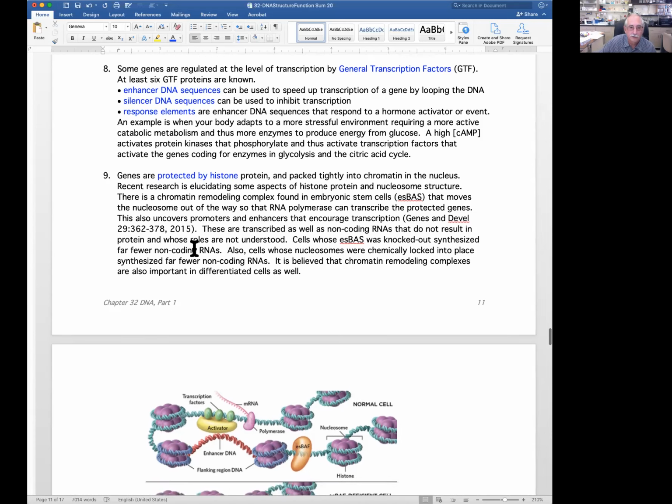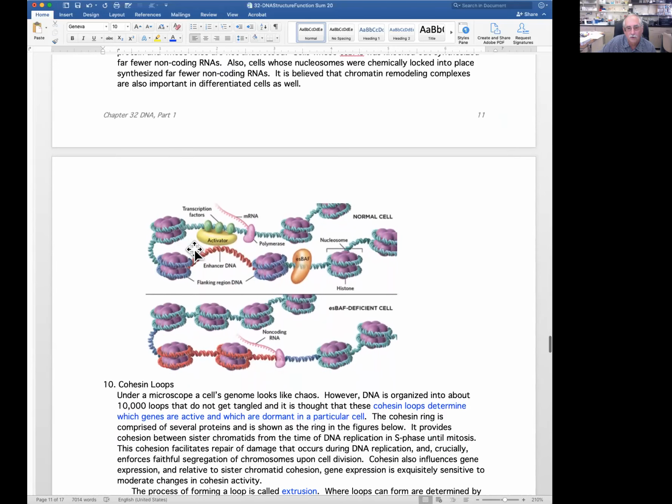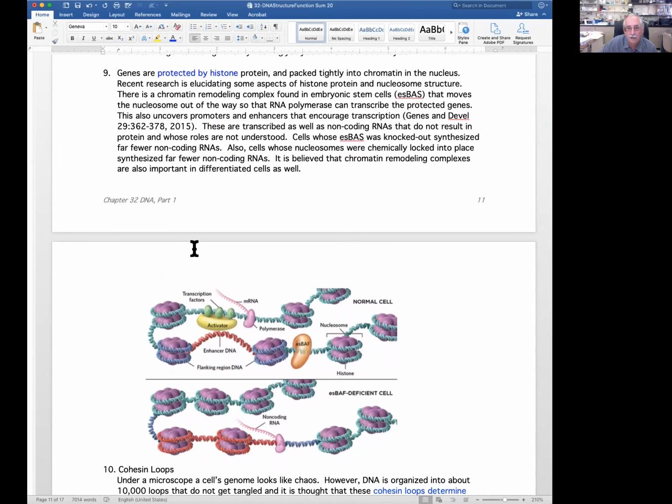Also in eukaryotes, genes are protected by histones. And so you hear the word remodeling of DNA, of chromosomes, because it's just simply complex. How do you get to the gene when the gene is so buried and protected?